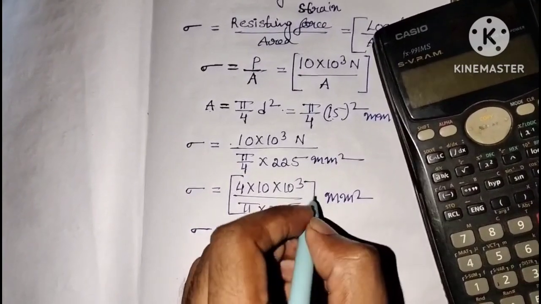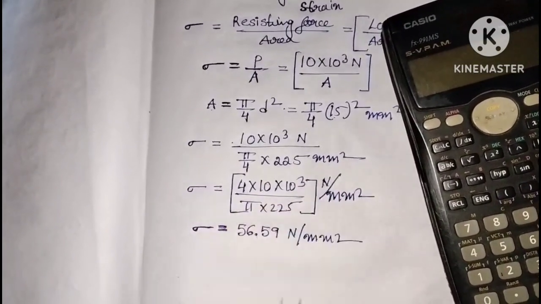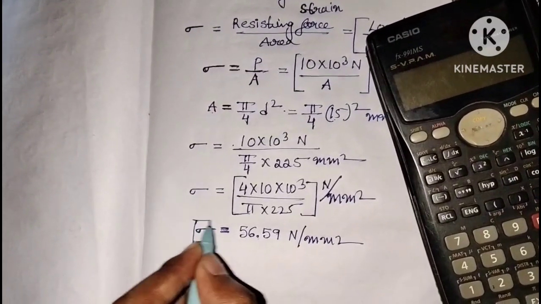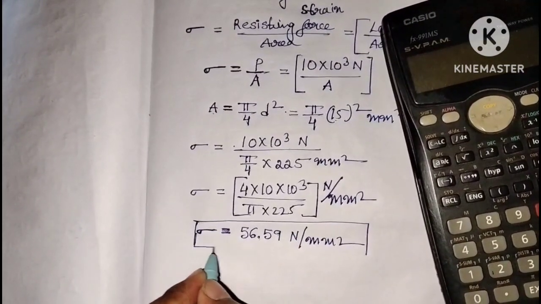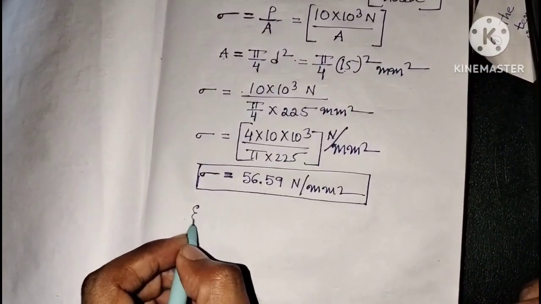So here also you will get the unit Newton per mm square. Stress unit is Newton per mm square or MPa, 56.59. Now next we need strain.